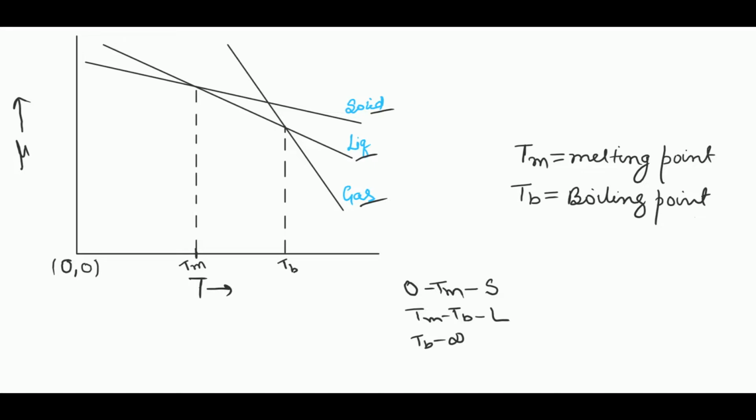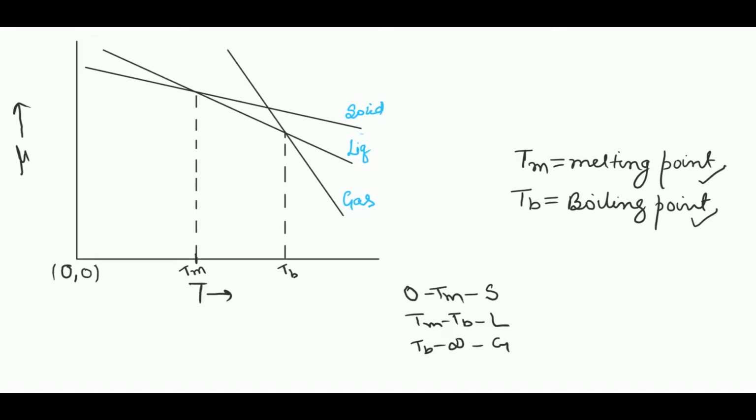Above Tb, the gaseous phase has the least chemical potential and thus gaseous phase is most stable at any temperature beyond Tb. We can conclude that Tm is the melting point of that substance and Tb is the boiling point of that substance.